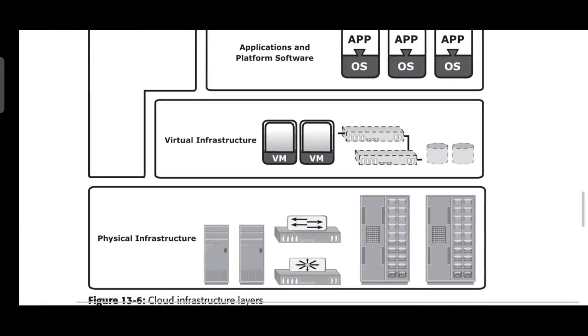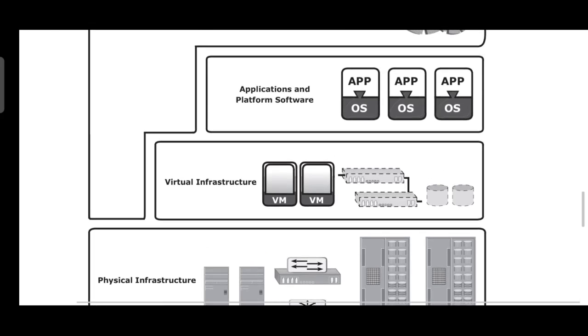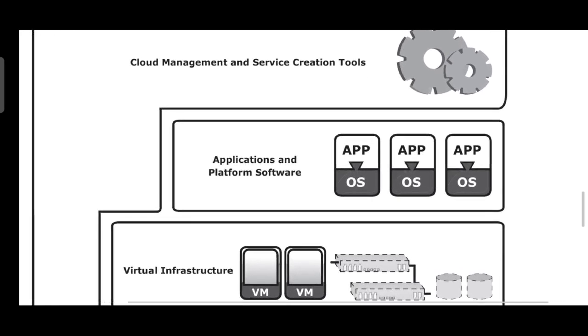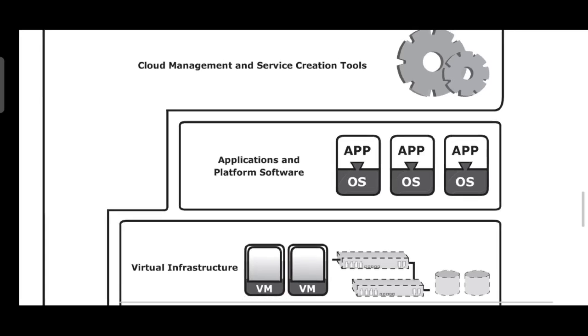Physical infrastructure is at the bottom. On top of it we have virtual infrastructure such as virtual machines, logical volumes, logical unit numbers and so on. Then we have application software, different operating systems and apps as per user needs. They are all managed with the help of cloud management and service creation tools.